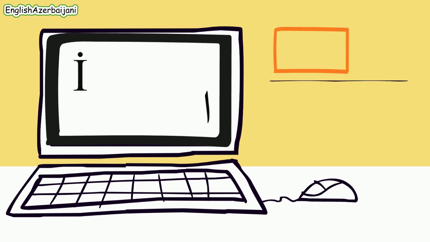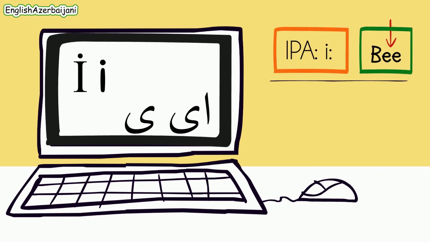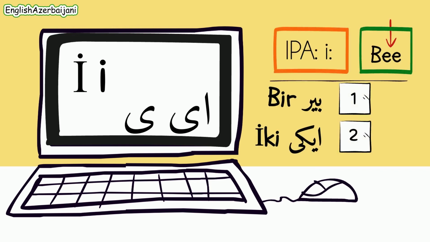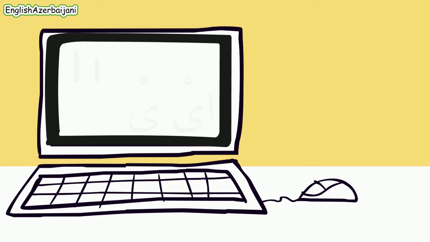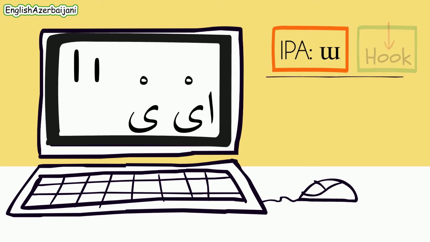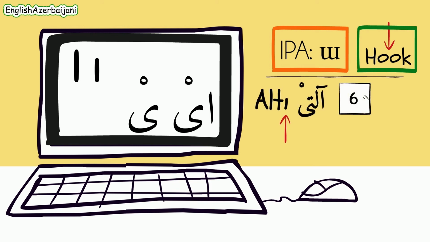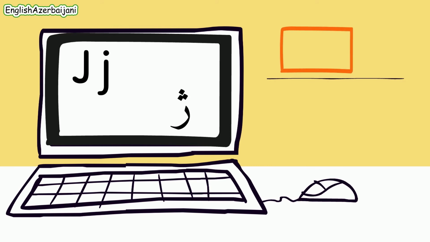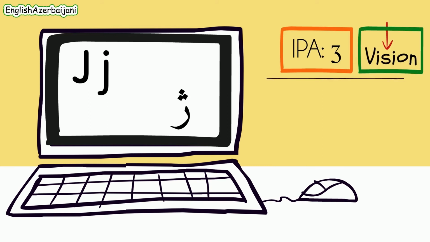I, like bee, bir. İ, like hook. İki, altı, arı. J, like vision. Journal.